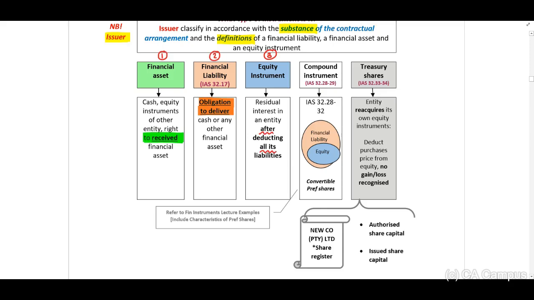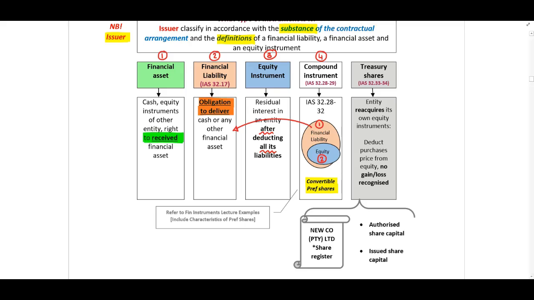Then IAS 32 indicates to us that there can be compound instruments. This is an instrument where we have a financial liability portion where there is an obligation to deliver, as well as an equity portion. Convertible preference shares can be compound instruments.